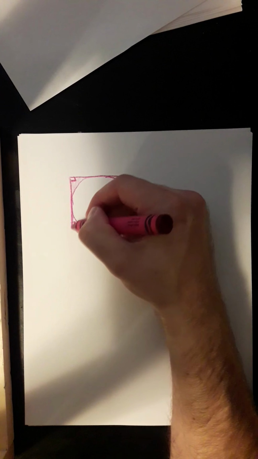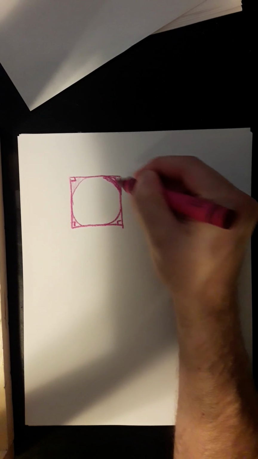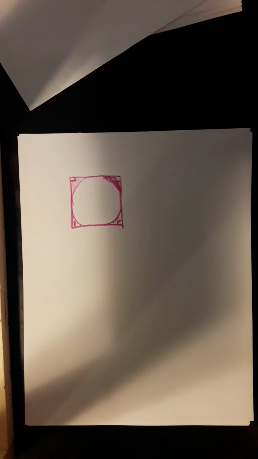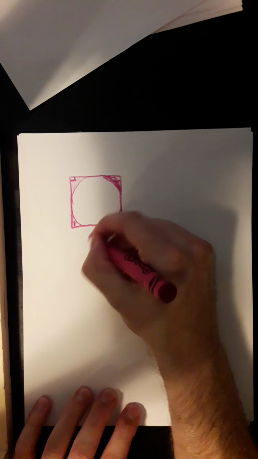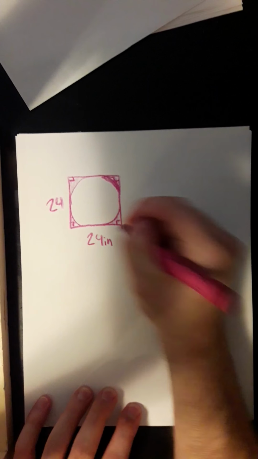It's a circle inside of a square. And it says, find the area of the shaded region. Use 3.14 for pi. Round your answer to the nearest hundredth. And it tells you that this is 24 by 24. And this time it happens to tell us inches, so we have units.